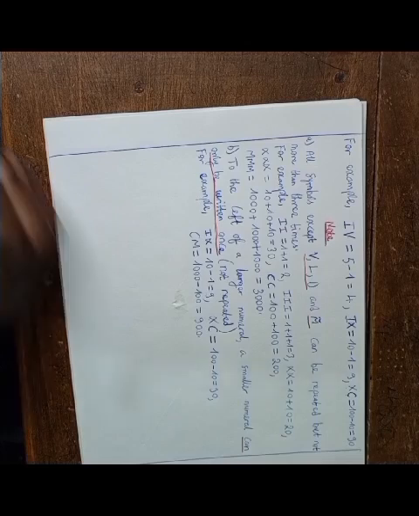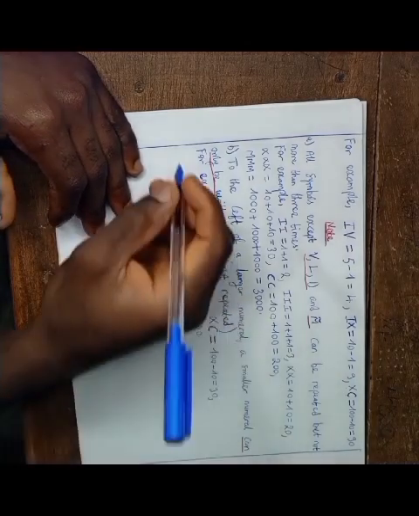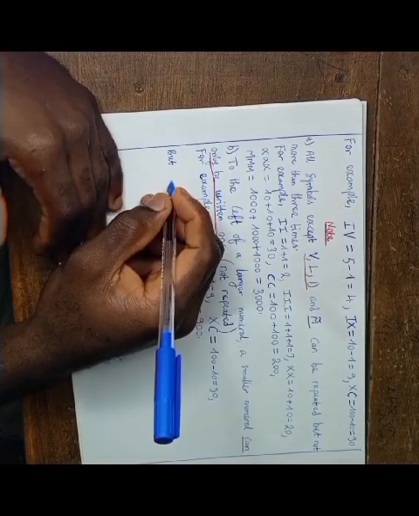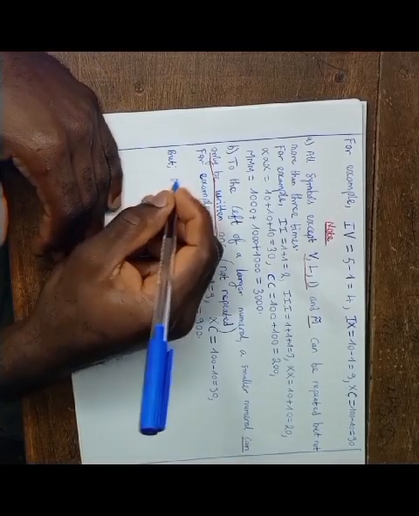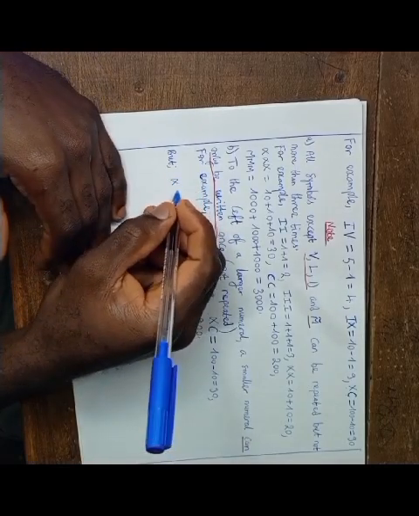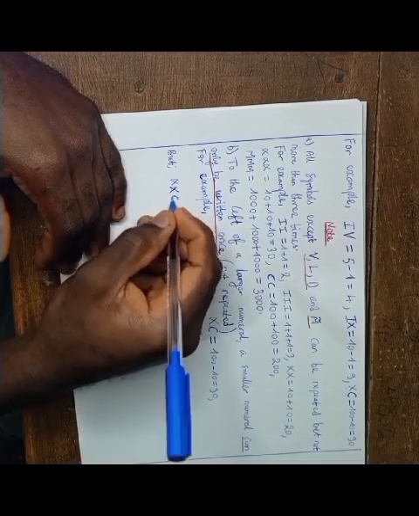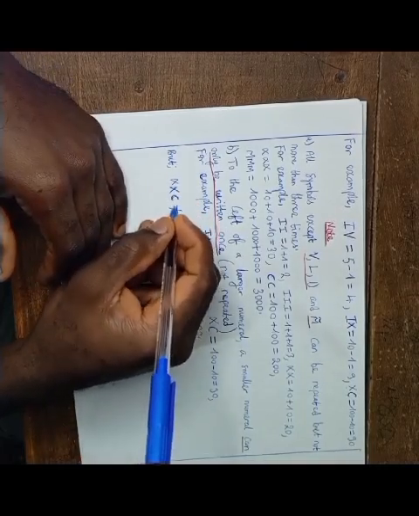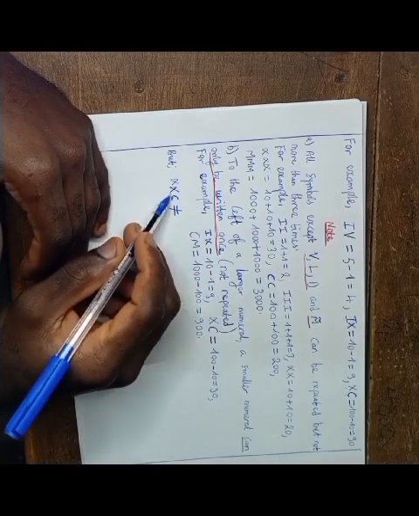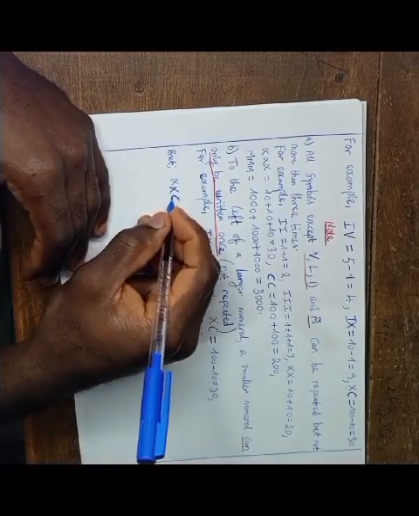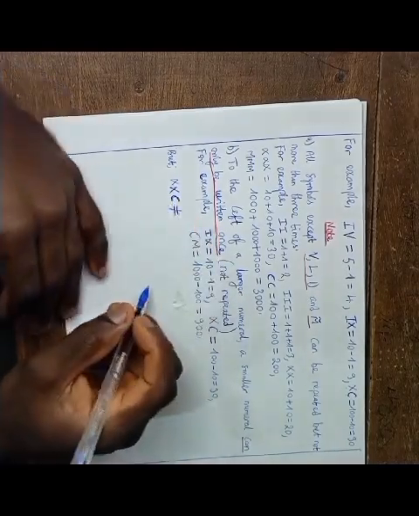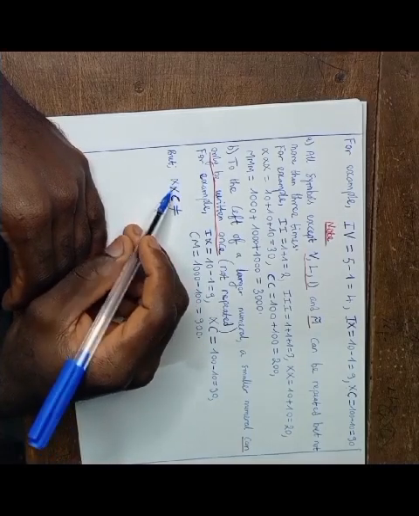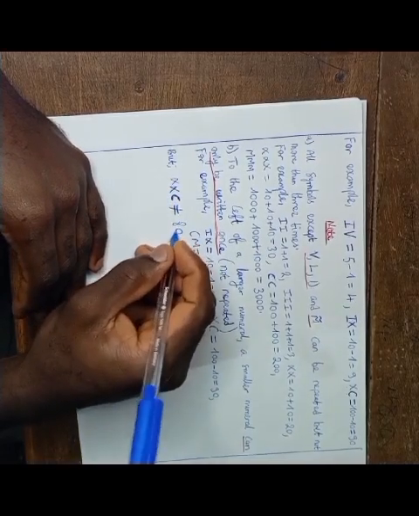But let's look at this. XC is not equal to 100 minus 20, which gives 80. It is not equal to the number 80.